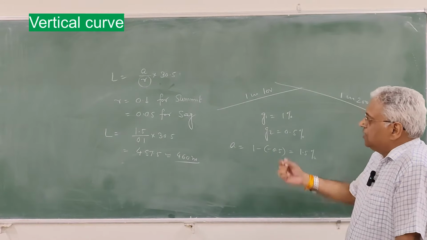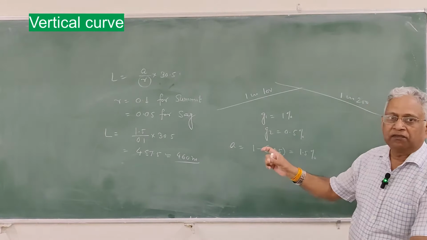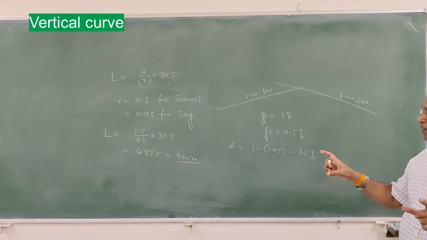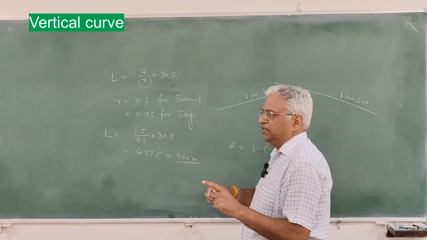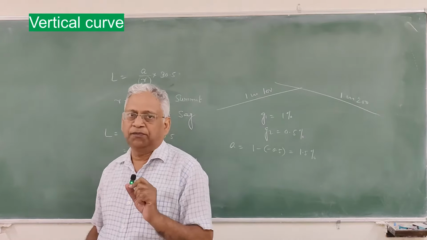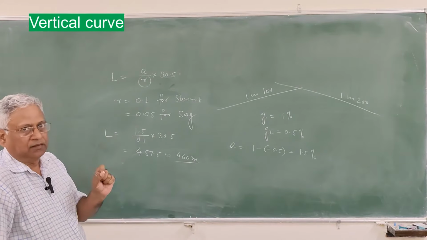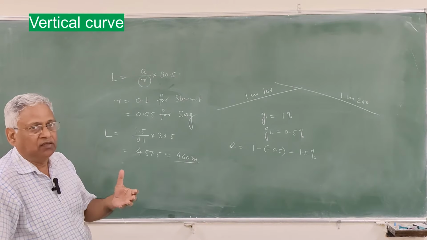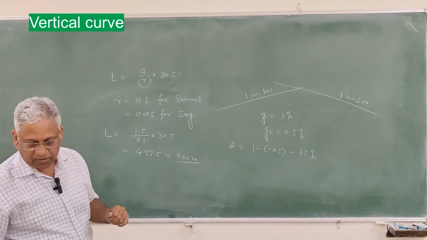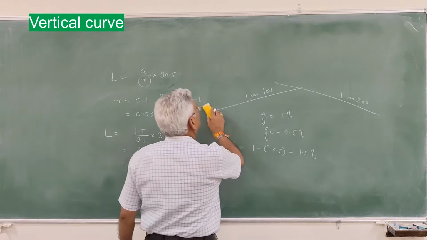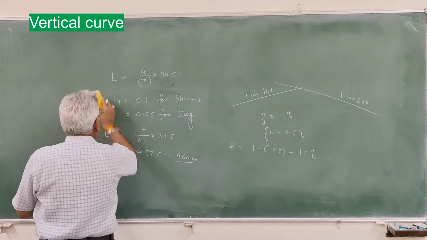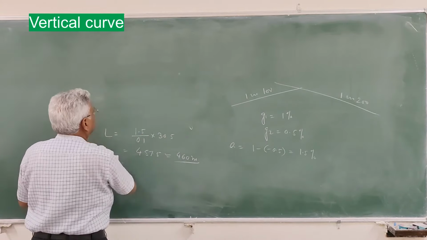Now, as you can see here, this length of the curve is quite large and it has difficulty in laying in the field also. And therefore, the new method or new stipulation on Indian Railways is to calculate the length of the curve by using this equation.